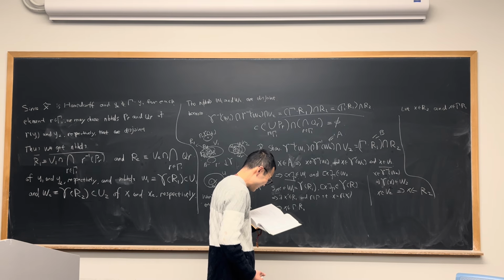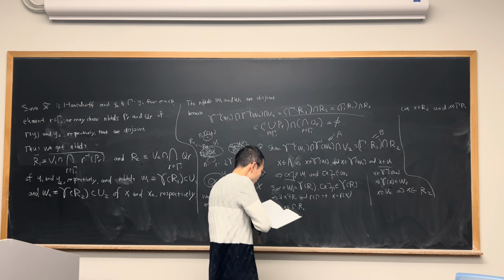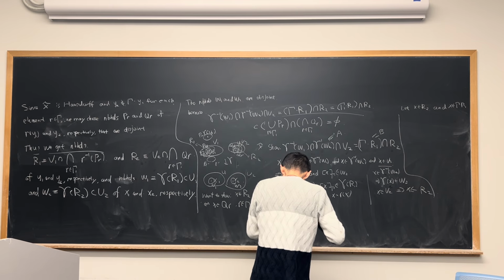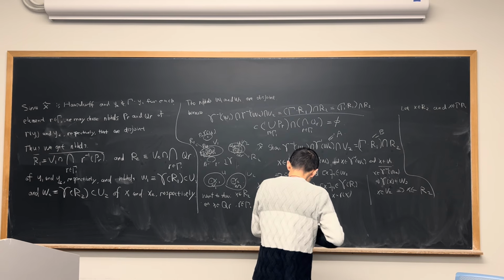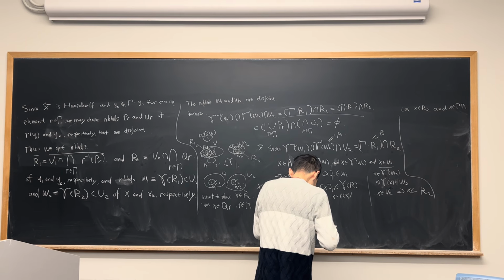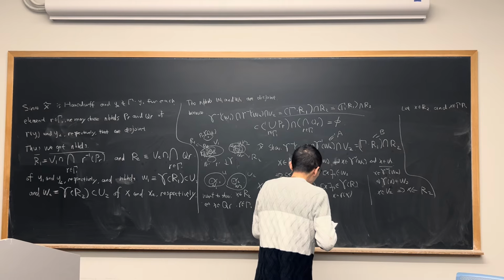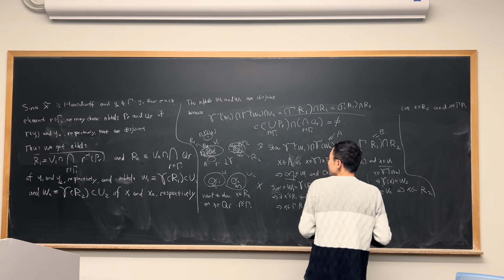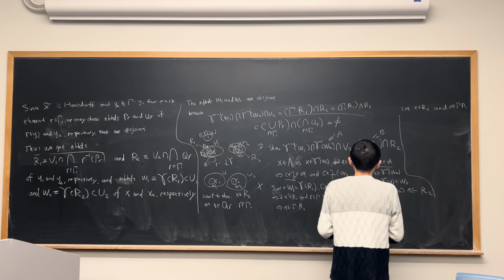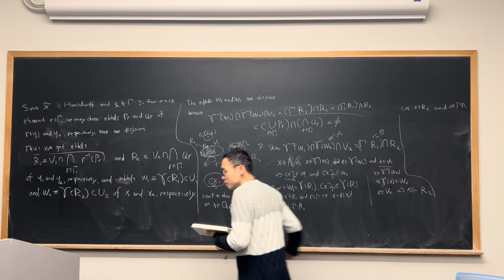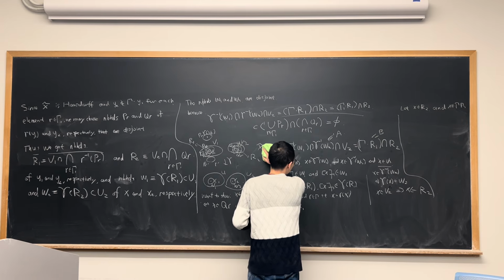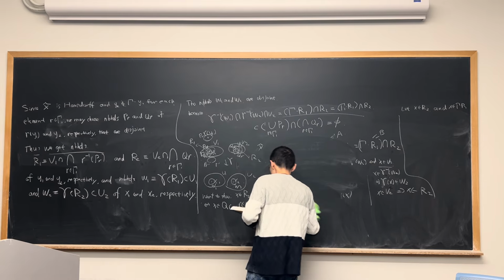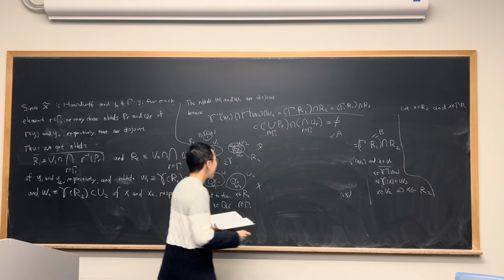So by definition of this gamma 1, we know that this is what we know. So I'll just erase this part.